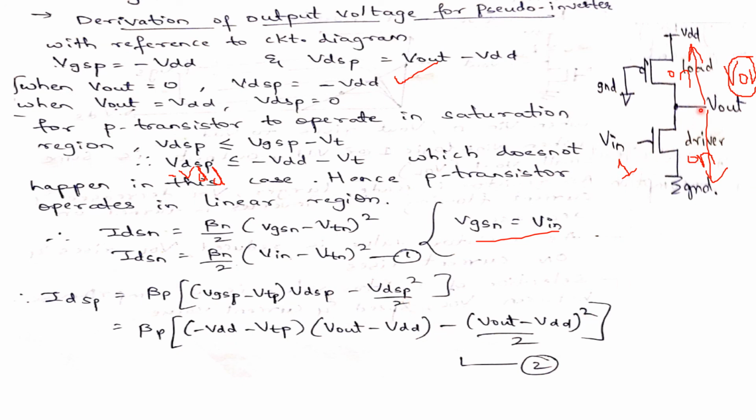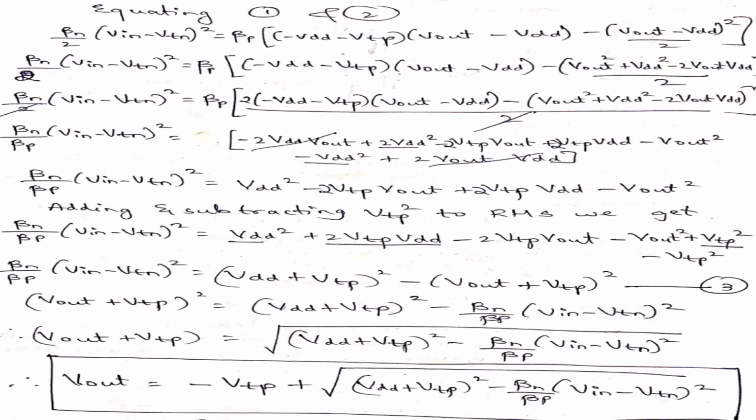So when input is 1, both pull up and pull down sections are on. Hence we can equate the current expressions, IDSN equals IDSP. Vout minus VDD whole square can be written as Vout square plus VDD square minus 2 Vout VDD, that is, the (A minus B) whole square formula is applied here. So cross multiply these terms, 2 into this term minus this whole, divided by 2.